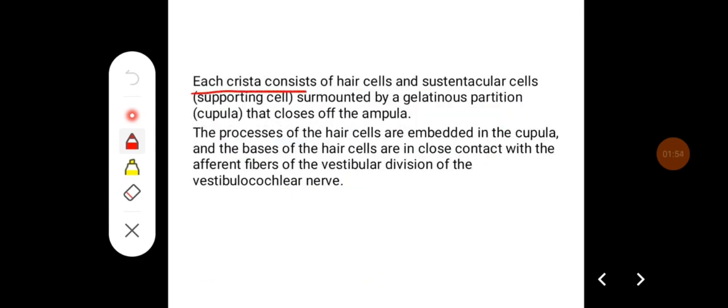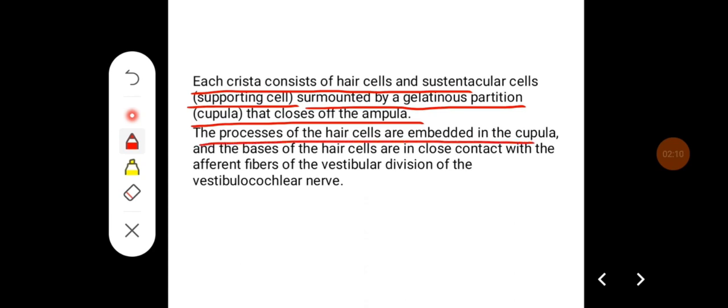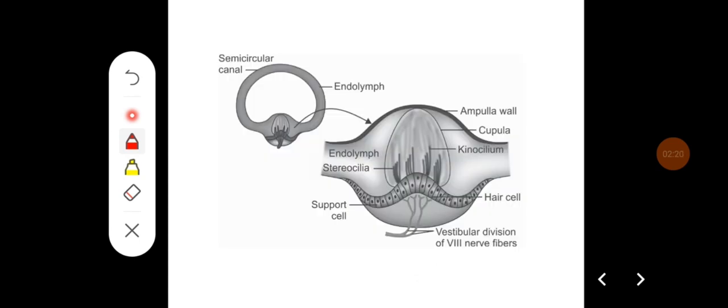Each crista consists of hair cells and sustentacular cells, which are also called supporting cells, surrounded by a gelatinous partition that closes off the ampulla, called the cupula. The processes of hair cells are embedded in the cupula, and the bases of hair cells are in close contact with the afferent fibers of the vestibular division of the vestibulocochlear nerve.